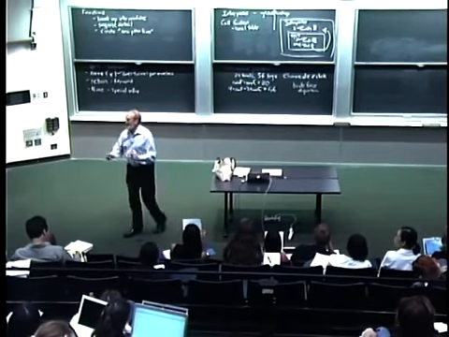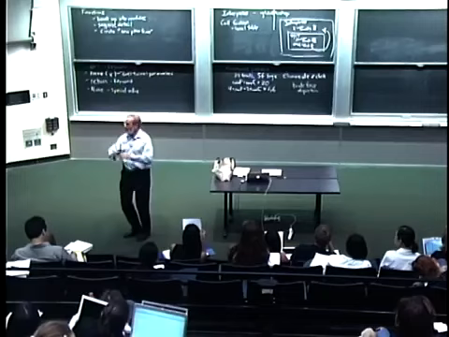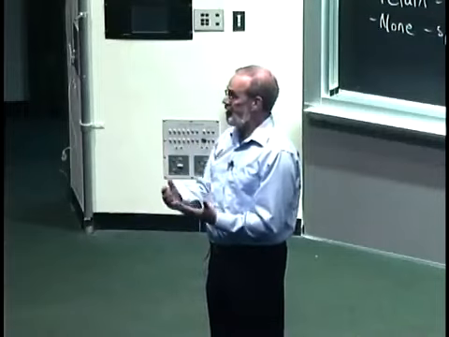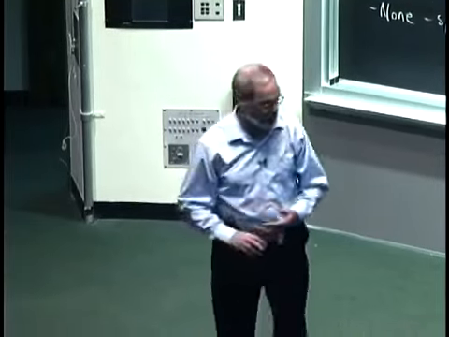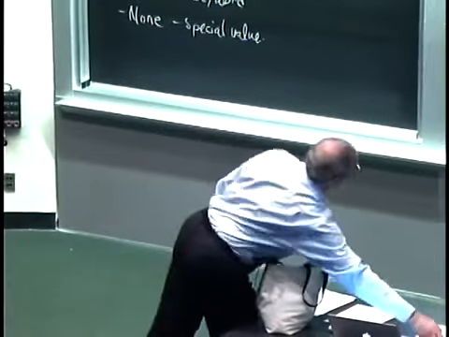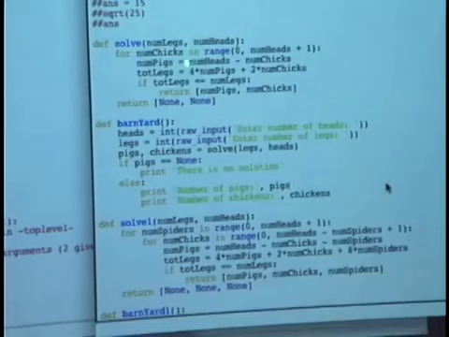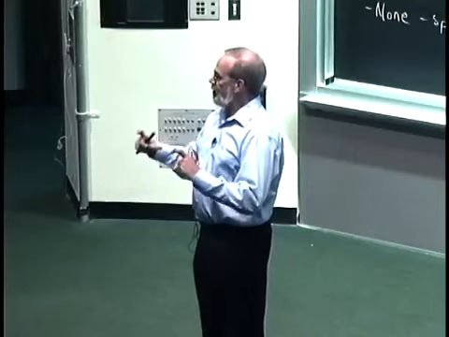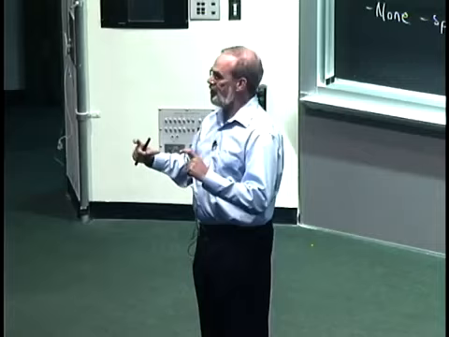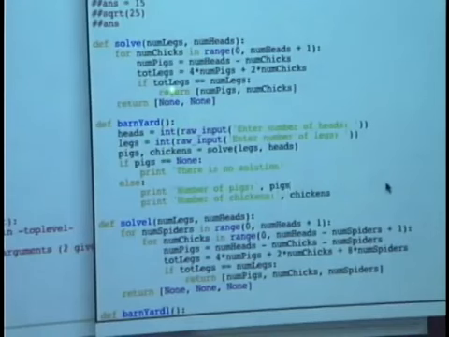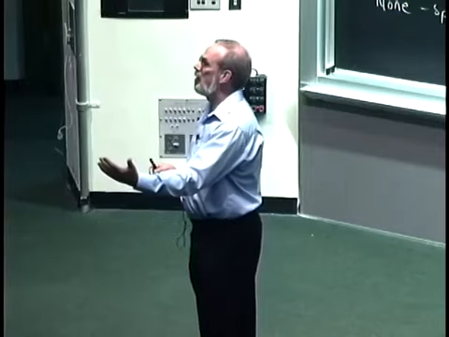So let me try and answer that. Inside of solve, solve creates an environment where inside of that it has bindings for the parameters it's going to use. Like number of legs and number of heads. Those are bound locally. When solve is done, it wraps up a value that it returns. That expression, or that value, literally gets passed back out of that local environment.